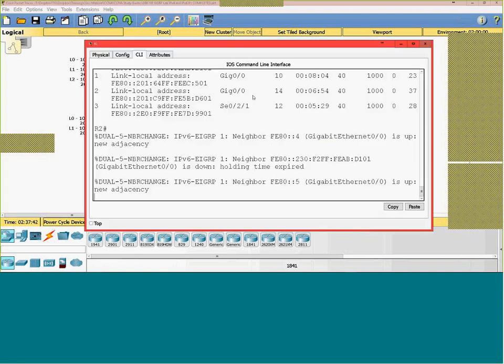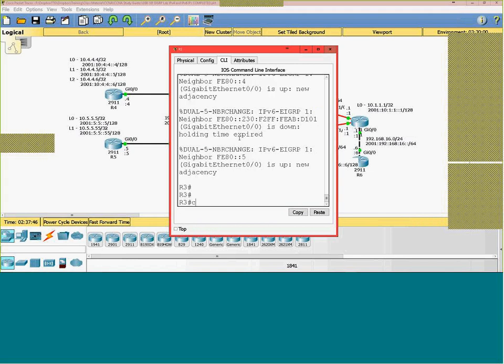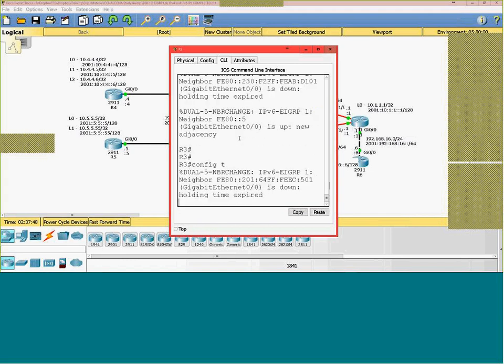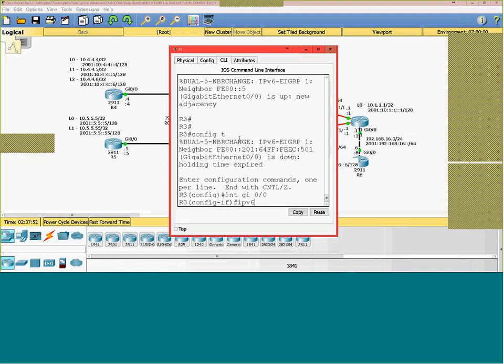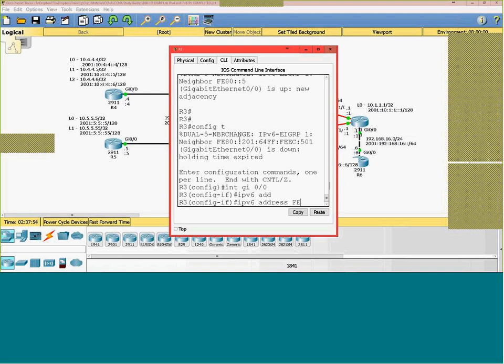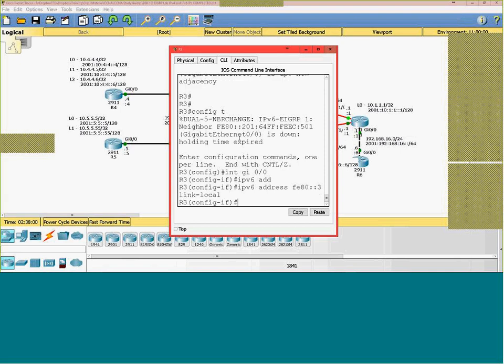And then I can even do the same thing on router 2. Well, let's do router 3 first. Interface Gi0/0, ipv6 address FE80::3 link-local.